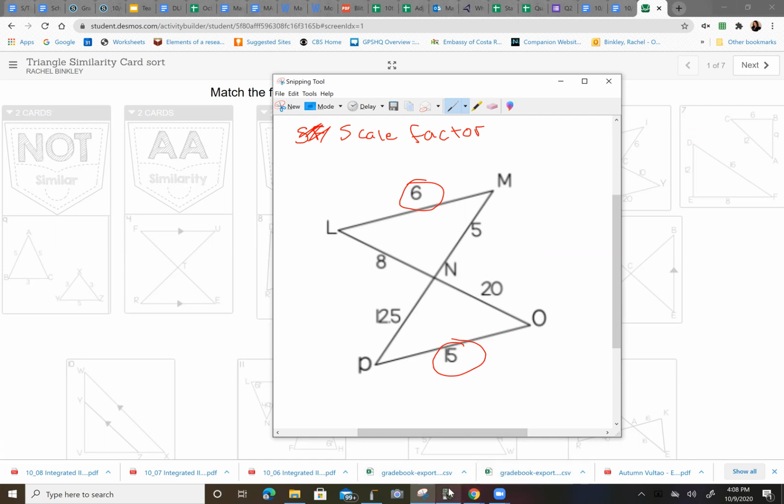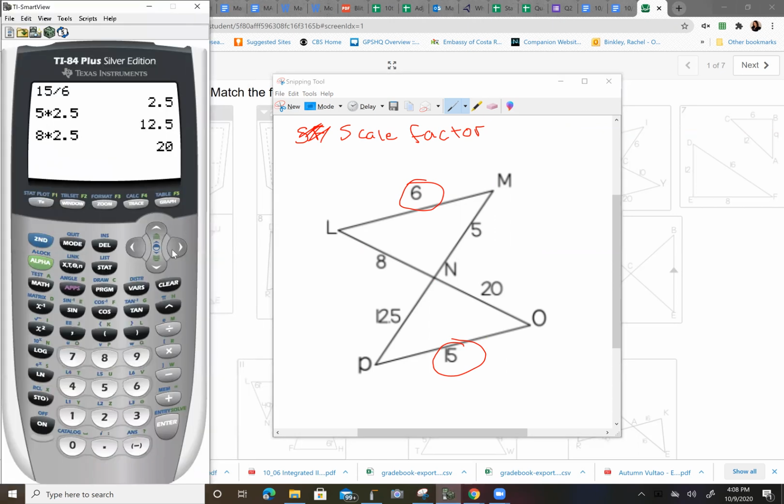And I need to know what times 6 is 15. So I'm going to do 15 divided by 6, the inverse operation, and I get 2.5. So that means that 6 times 2.5 equals 15.